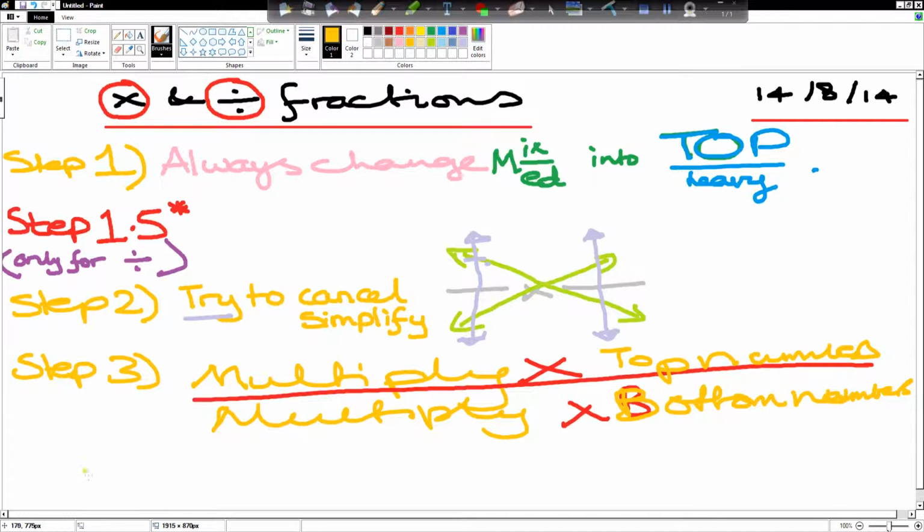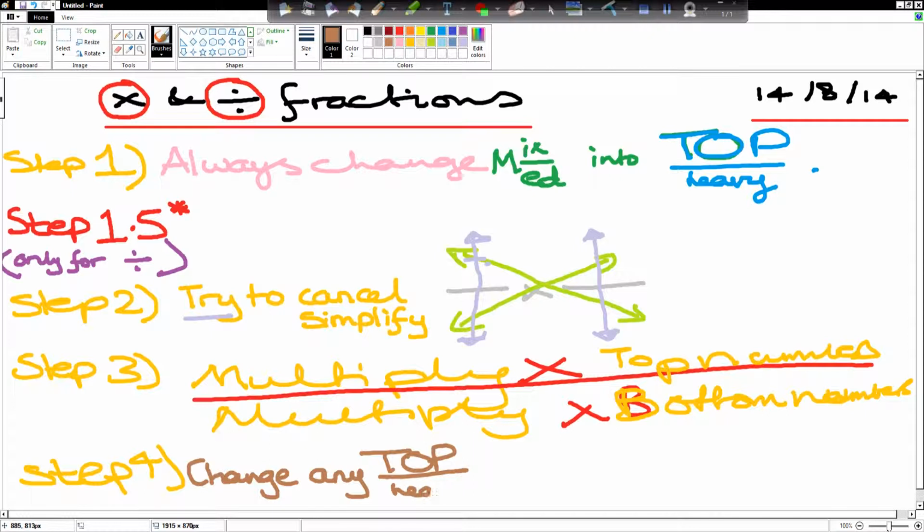Step number 4. What do we do last? So the last thing we do is, now we've got the top number multiplied out and the bottom multiplied out, we change any top heavy fractions, another word for top heavy is improper fractions, back into what?